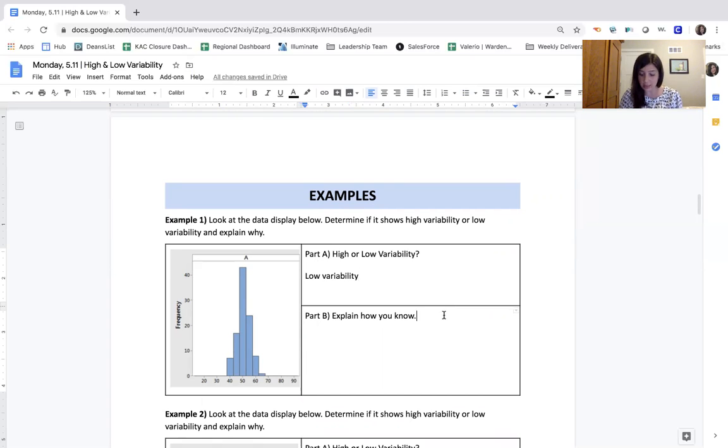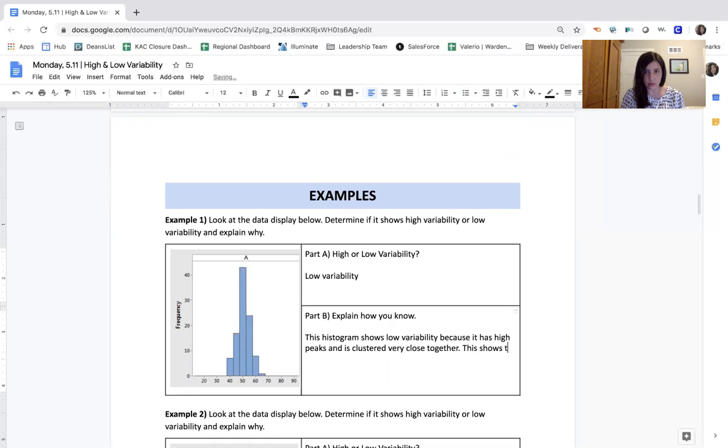And again, the reason that I know that, let's turn around the question. I can start that way. This histogram shows low variability because it has high peaks and is clustered very close together.